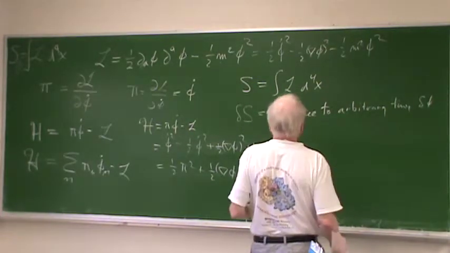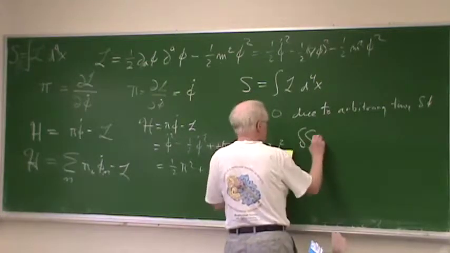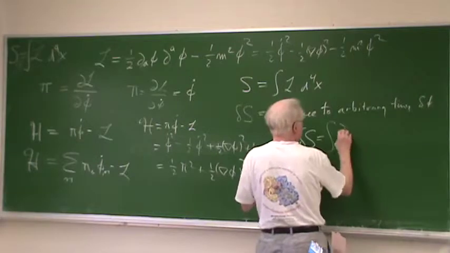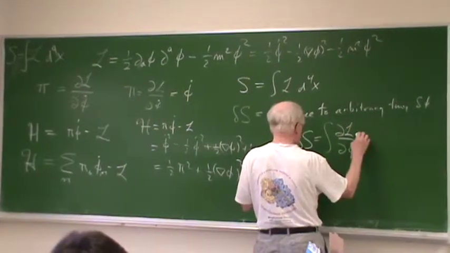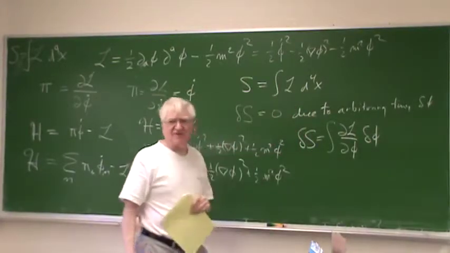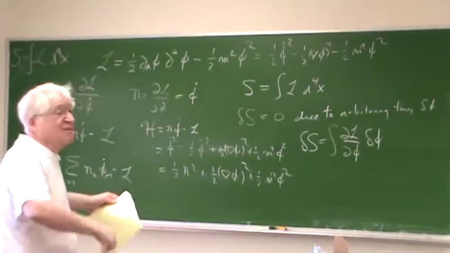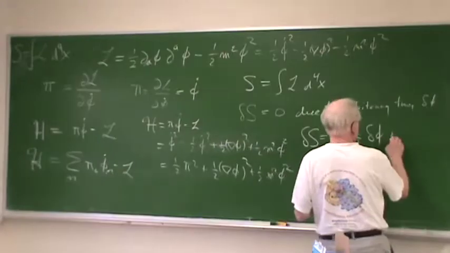All right, so what's the change in the action? Well, the change in the action is, of course, an integral of the partial of the action density with respect to the fields, times the change in the field. And just to keep things uncluttered, I'm going to assume there's just one field. If there were more than one field, we'd sum over the fields, of course.